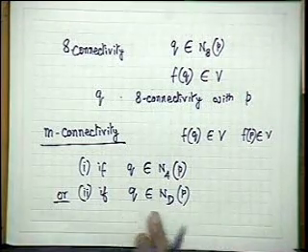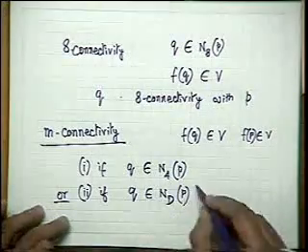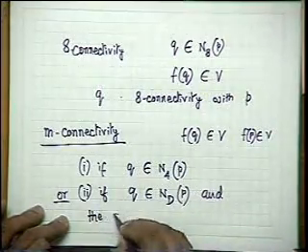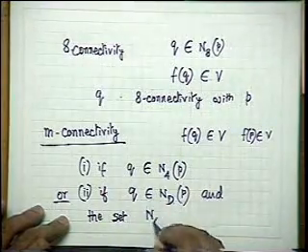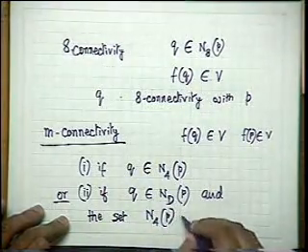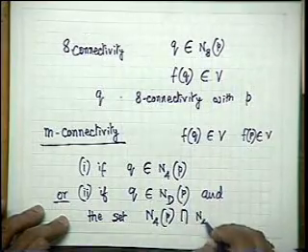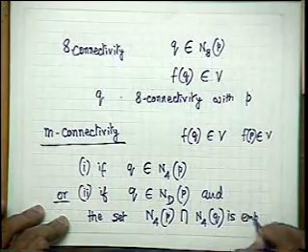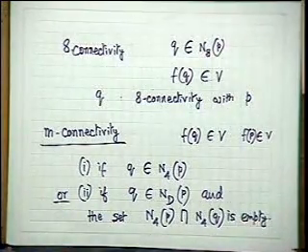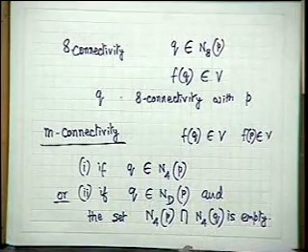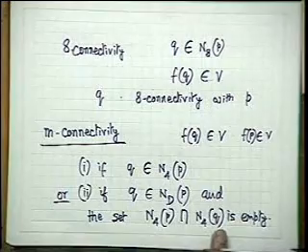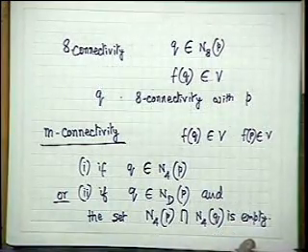If Q belongs to NDP and the set N4P intersection N4Q is empty. Empty means that this intersection of N4P and N4Q does not give a pixel whose intensity value belongs to this set V.